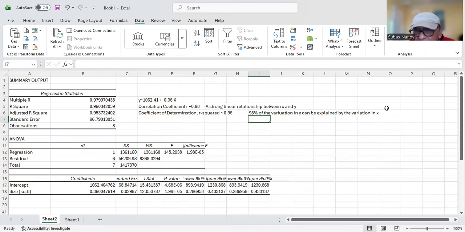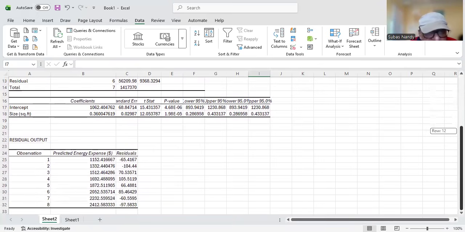I'm wondering if it calculated the residuals. Yes, here are the residuals. Look at the residuals. Some of them are negative, some of them are positive. Okay, so it's an even distribution of negative and positive. I'm looking at this last column of residual. Again, what is residual?